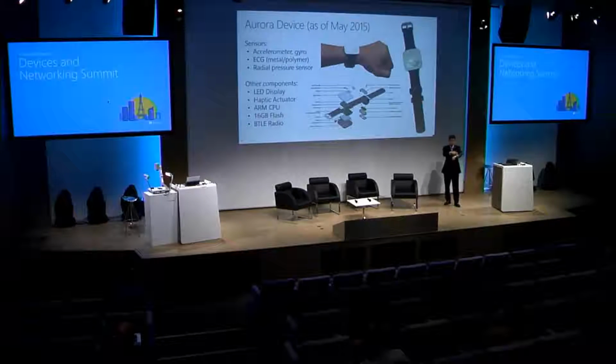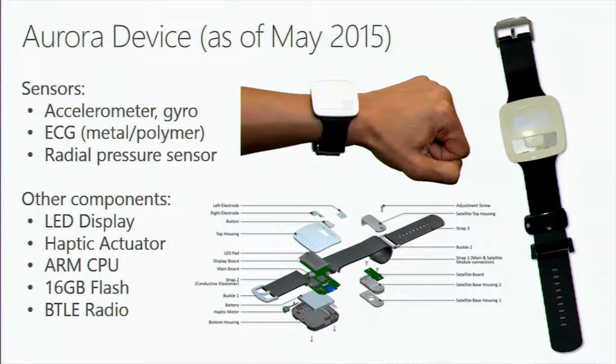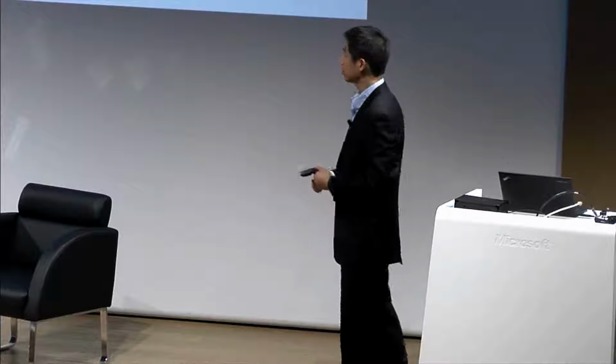So there's one contact on the wrist you're wearing the device on, and the second contact you touch with your other hand, and that gives you a lead 1 EKG. And then we've got a radial pressure sensor that sits on the bottom of this device that measures the radial pulse pressure wave. And between these sensors, we're able to derive radial augmentation index and peripheral pulse wave velocity and do some pretty interesting stuff.